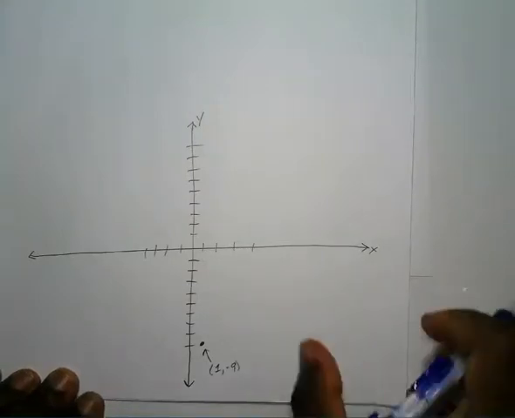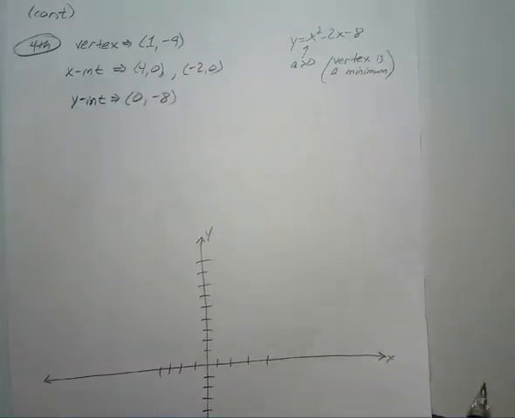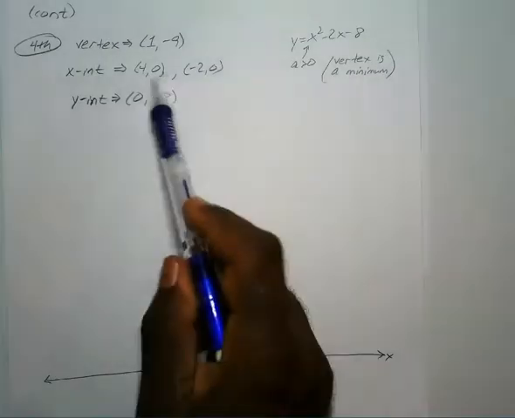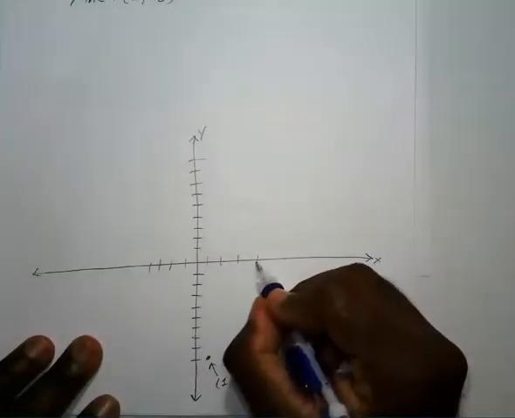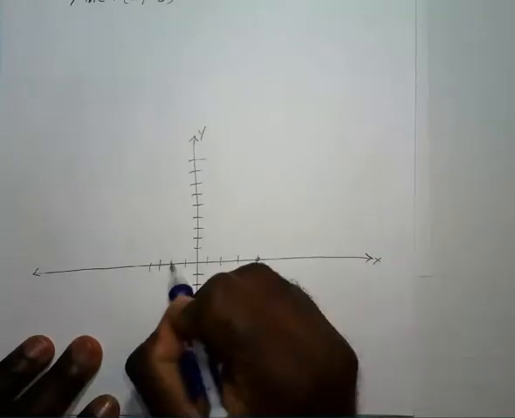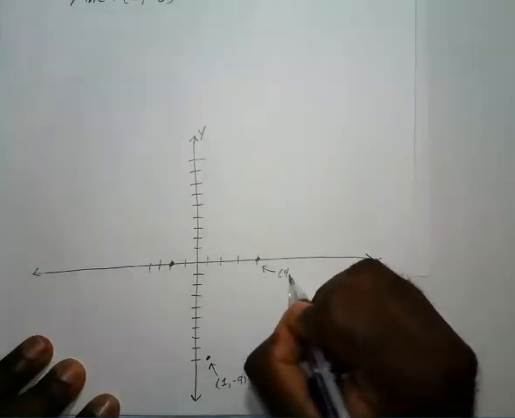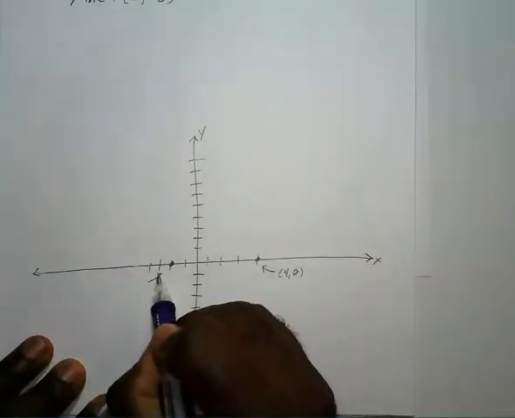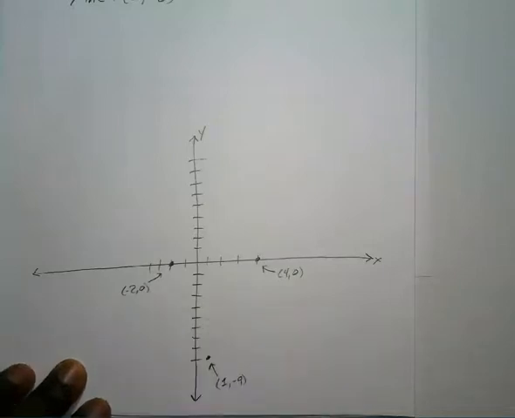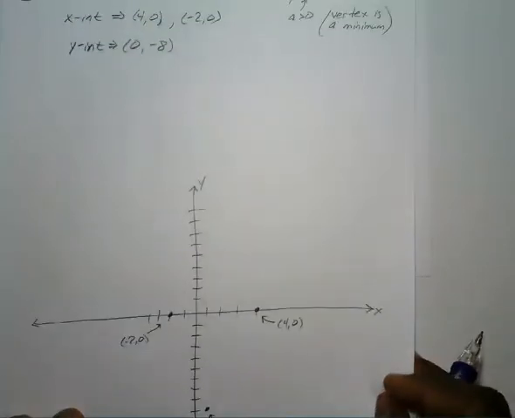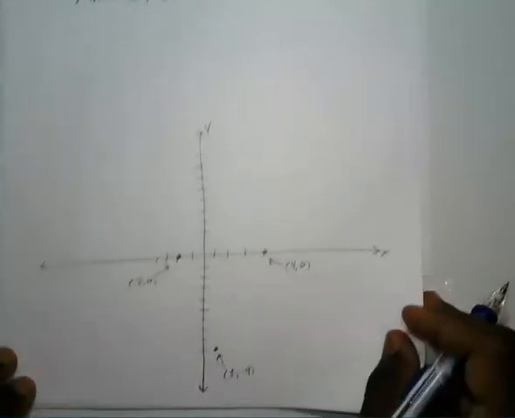Okay. Now we're going to go ahead and plot our x-intercepts, which are 4, 0 and negative 2, 0. So 4, 0 is right here and negative 2, 0 is right there. Okay, so last but not least, we're going to plot our y-intercept, which is 0, negative 8.